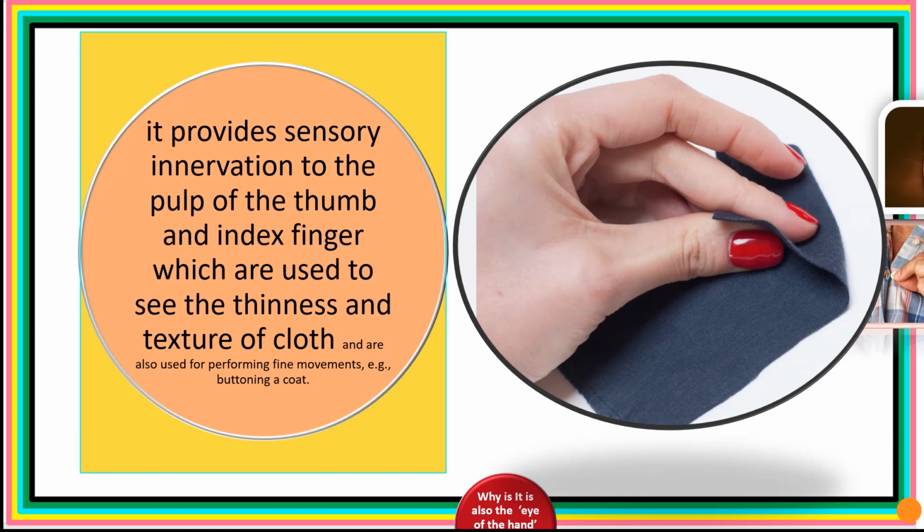And which nerve actually supplies the skin of these digits? You're right, the median nerve. So a number of times we use this to actually see things by the feeling of the clothing, the feeling of the fabrics. That's the median nerve doing more than our eyes would do, being additional eyes to the things we want to see.